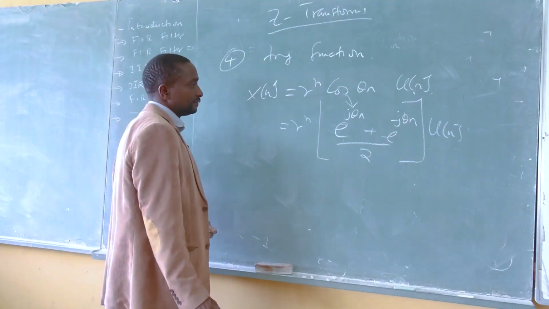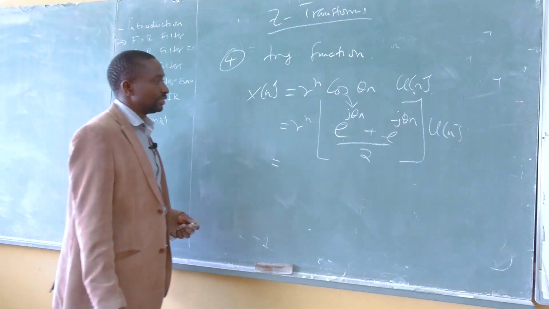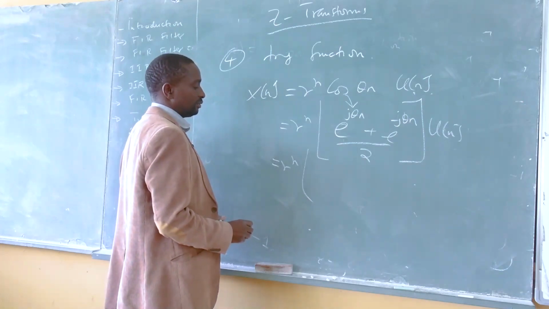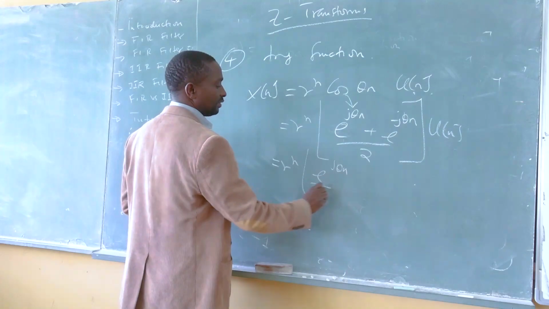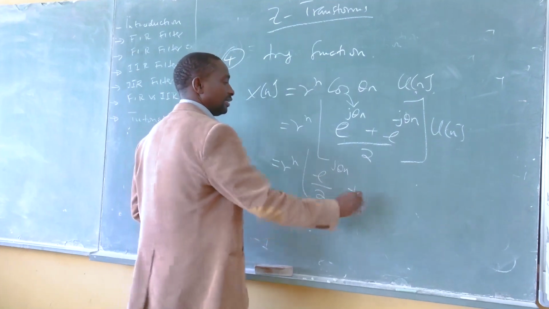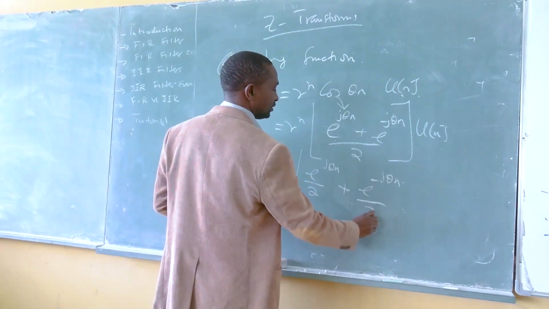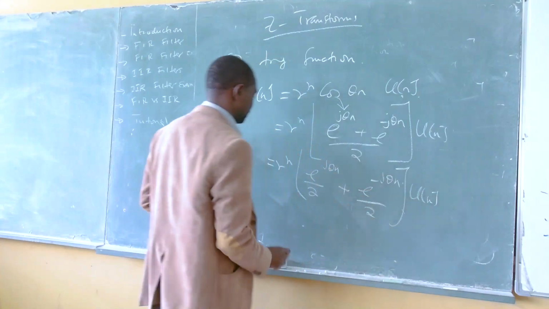We can then expand this. The way to break it, this is the same as r to the power n times e to the power j theta n divided by 2 plus e to the power minus j theta n divided by 2. Everything else is with reference to the unit step function.